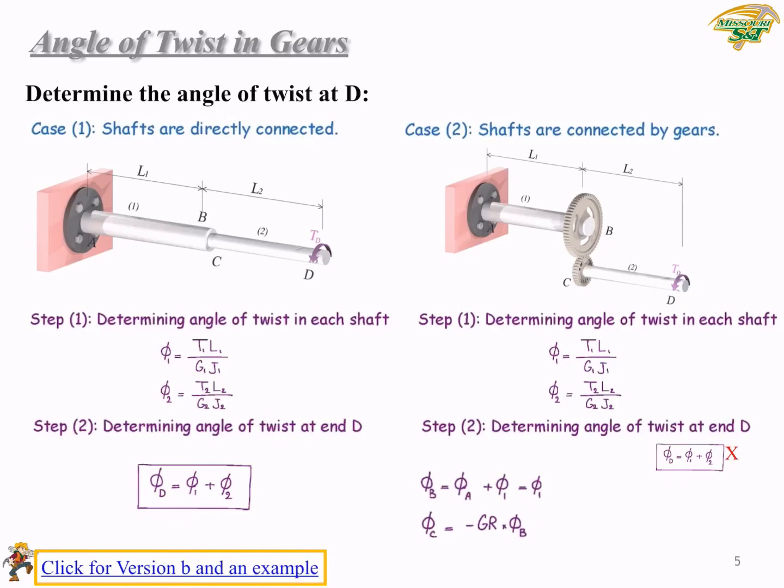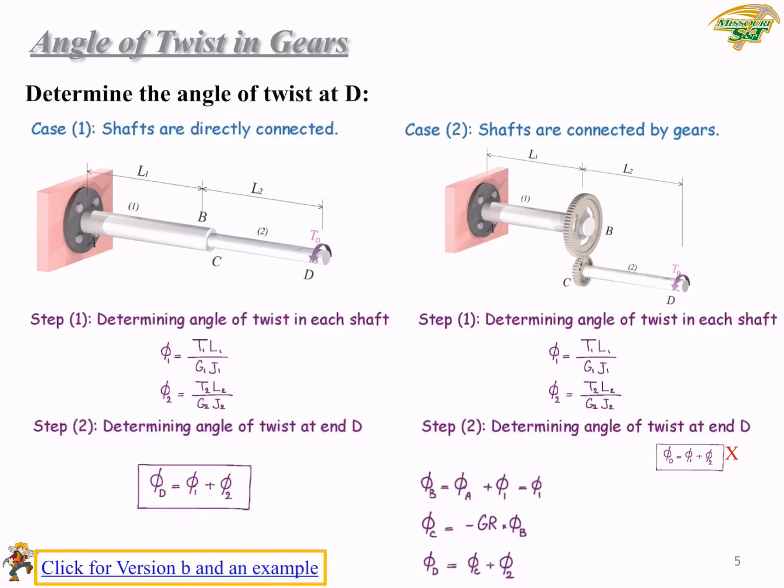So this gear ratio here should be larger than 1. You can determine this gear ratio by the diameter of B over the diameter of C, or the number of teeth of B over the number of teeth of C. Then phi D can be calculated from phi C and the angle of twist of shaft 2.